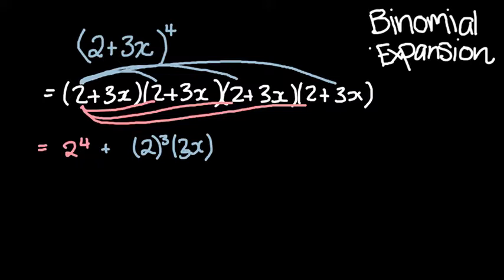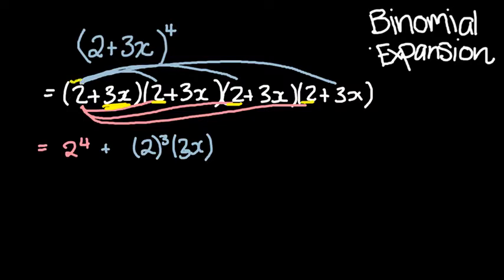But hopefully you can see already that there are multiple ways that I could work that out. I didn't have to pick the first 2, for instance. I could have picked the 3x from the first bracket and then the 2's from the remaining brackets, and that would give me the same value, 2 cubed times by 3x, but from a different arrangement of the terms that I'm expanding.